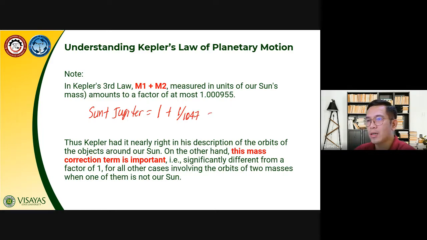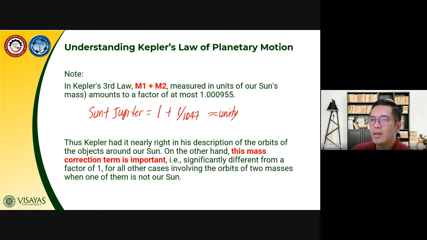So it is almost unity. Thus, Kepler had it nearly right in his description of the orbits of the objects around our Sun.